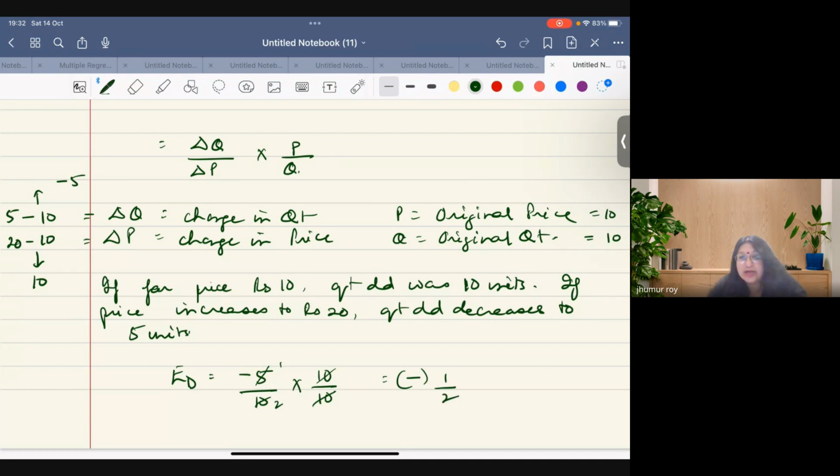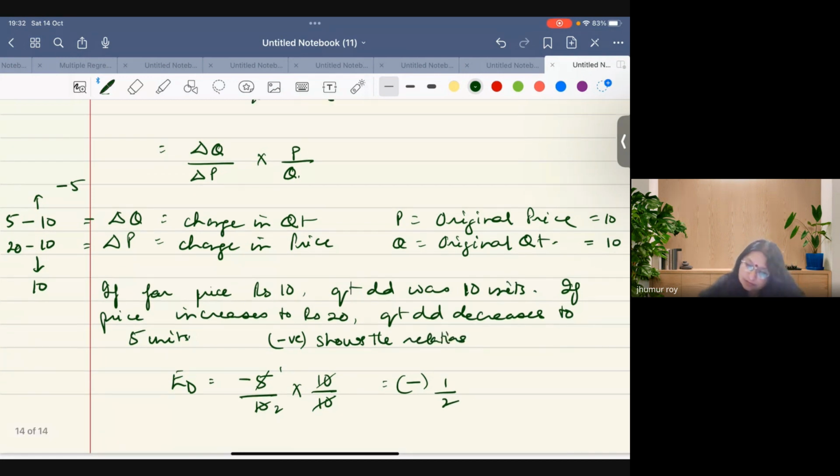Now we will not consider this negative sign because the negative sign shows the relationship between price and quantity demanded. If you remember, the shape of the curve is downward sloping. That means when the price is going down, only then the quantity is increasing. So one thing is decreasing, and only then the other is increasing.